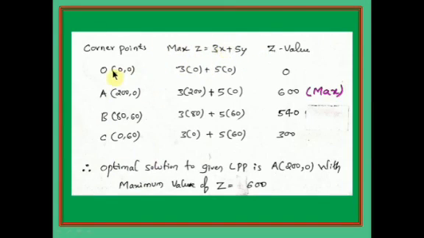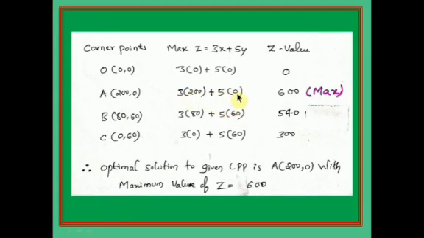So here, look at the cursor: 0, 0 for O. This x will become 0, this y will become 0, and 3 and 5 remain as they are. So totally this will become 0. And then A, 200, 0. Here 3 multiplied by 200 plus 5 multiplied by y.